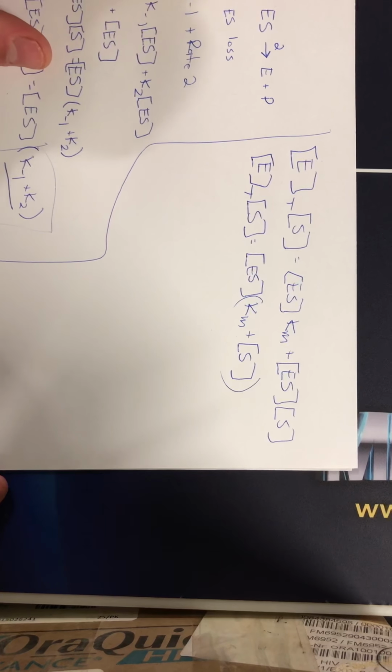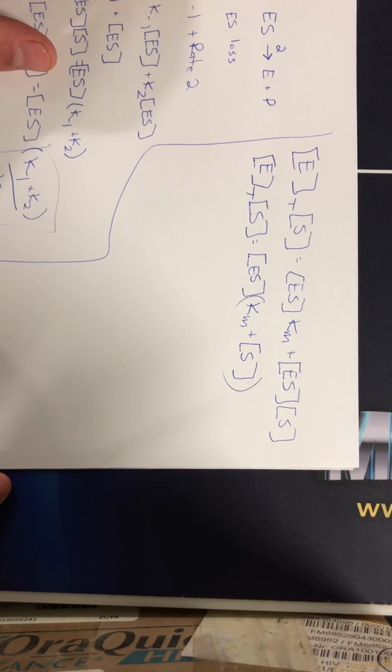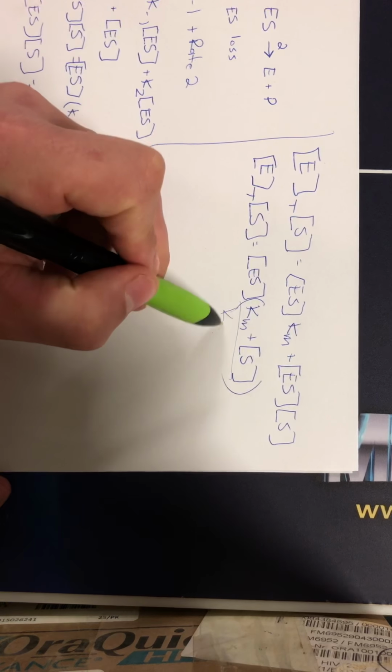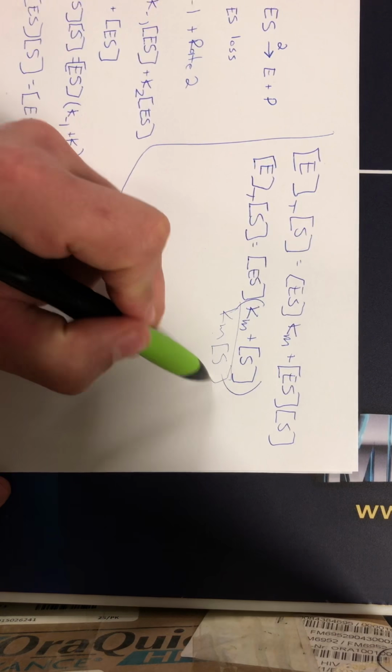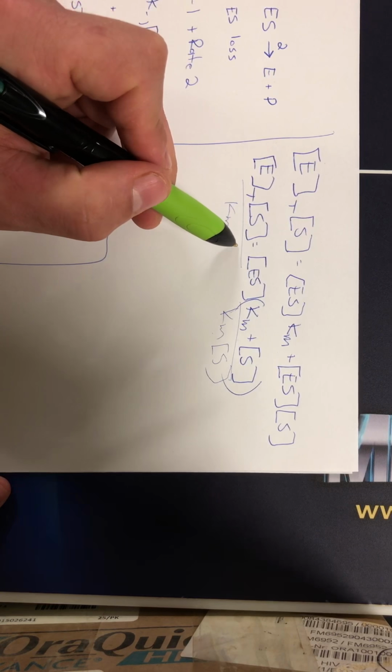Alright, now we're going to divide each side by Km plus S to get rid of that on the one side.